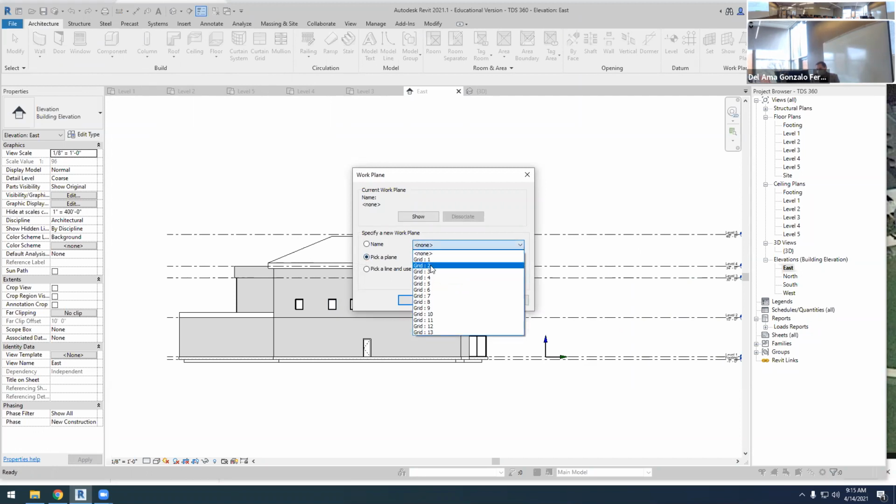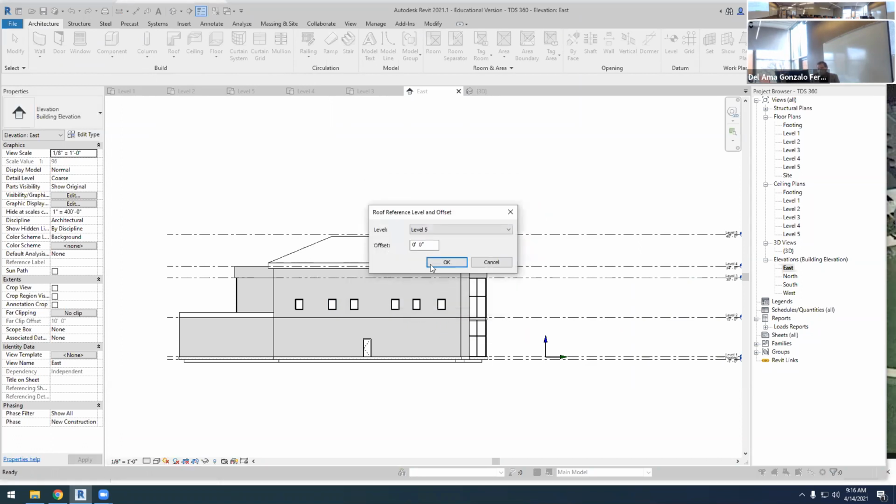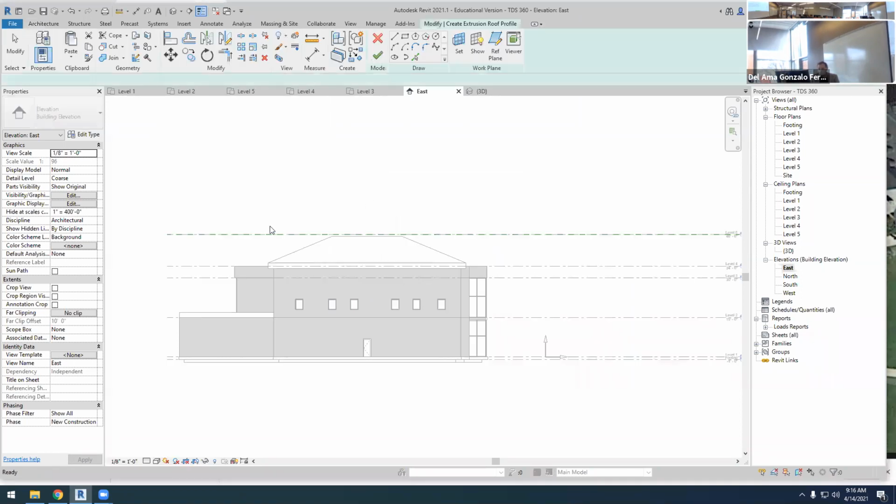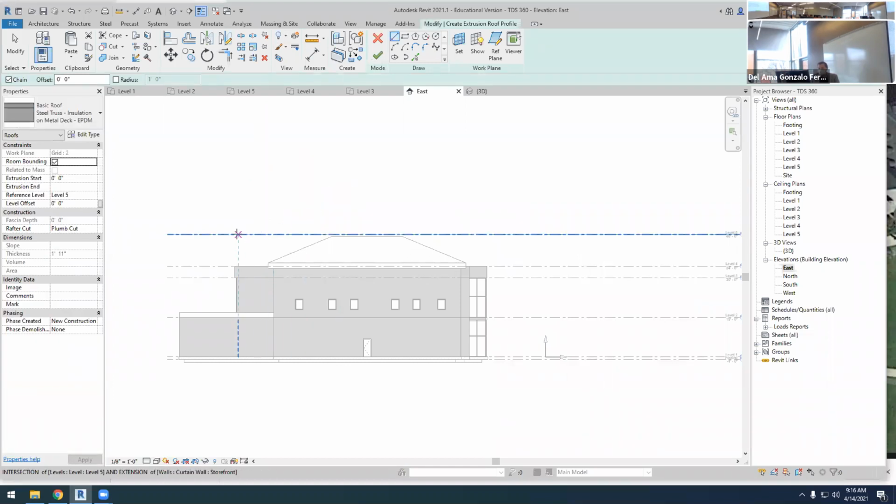Let's say grid, I think we started in grid 2. Okay. Level. Yeah, I would say level 5. And now we can just do this. And the angle, I told you 30.